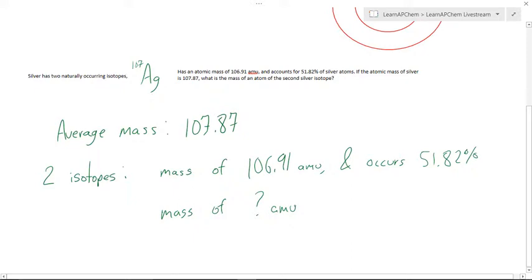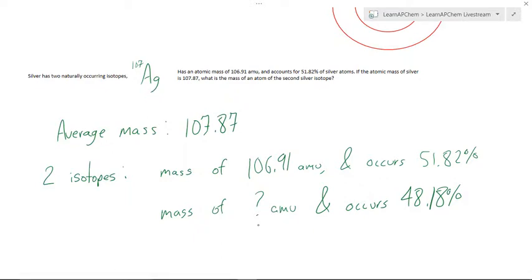and occurs, let me just quickly get my calculator out here. I just want to make sure that I don't mess up the subtraction here. Plus, I'll need it later. It occurs 48.18% of the time. Alright, so this is a good place to start. And so now we just need to determine how many AMU the mass of the second isotope is.